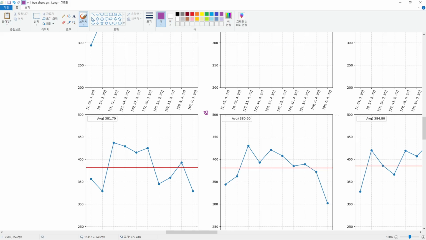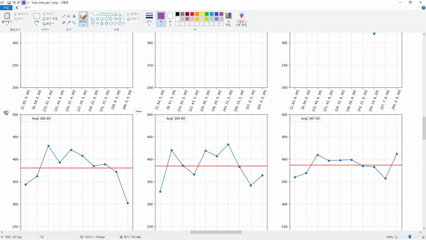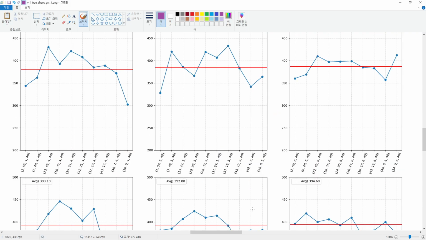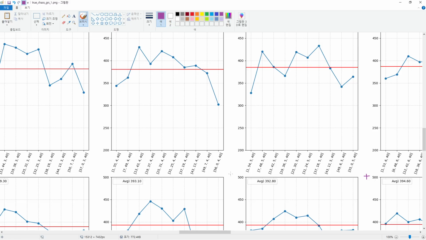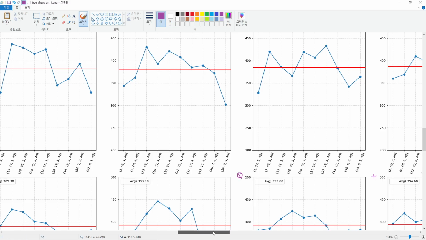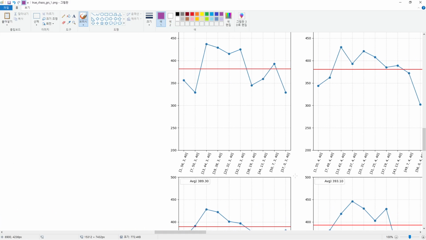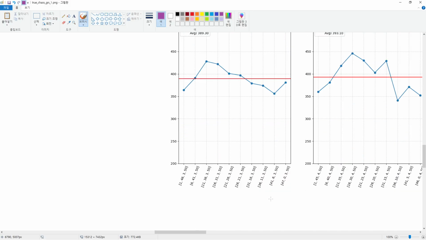0, increased. Why does that look like a cross? Increased, still looks like a cross. Increased and increased. Increased, 0, increased. Okay.